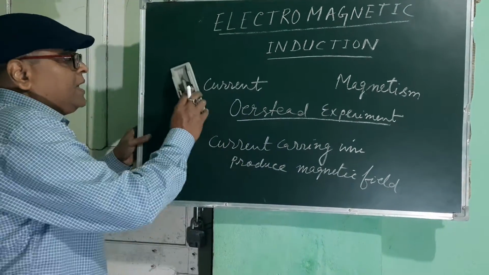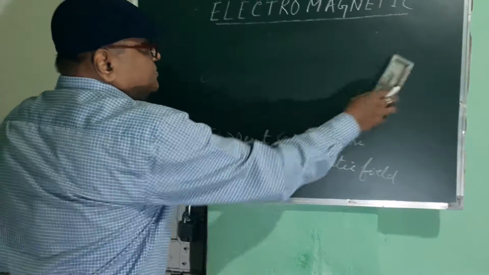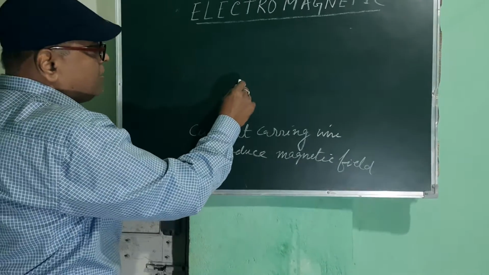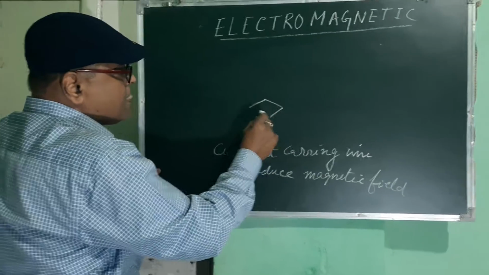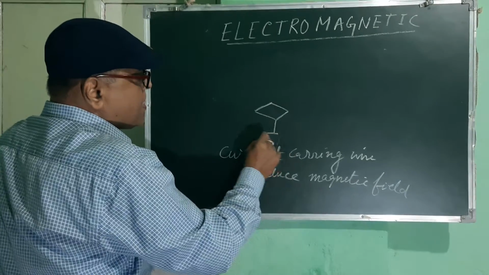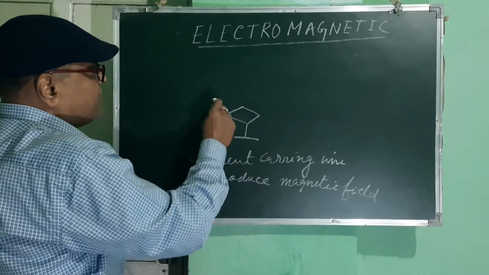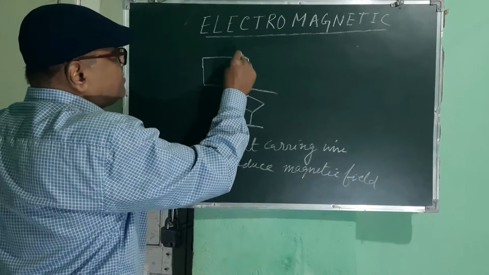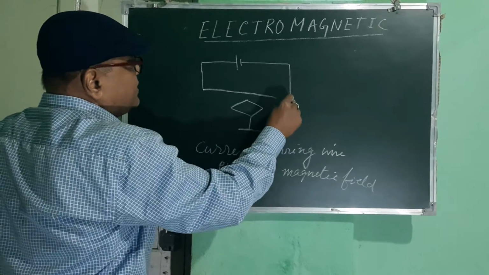Just see, there is one magnetic needle present, and there is one wire present and current is passing through it.